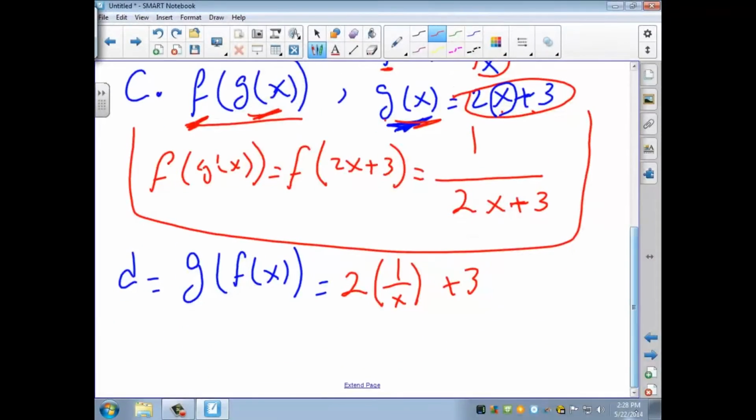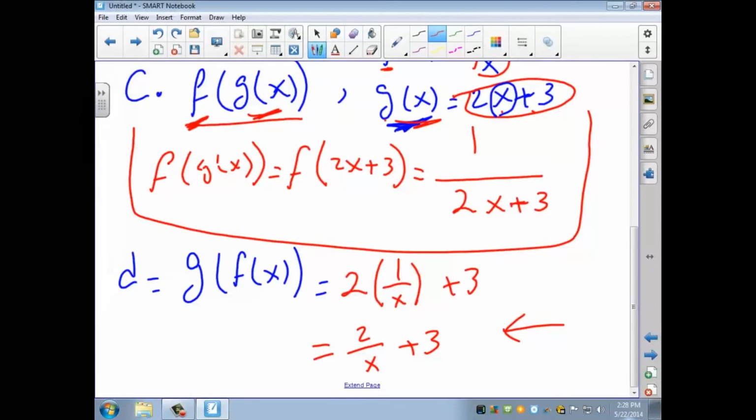Therefore, it is equal to 2 divided by x plus 3. That is the g of f of x. Again, evaluating function at a certain point. Let's move to an application.